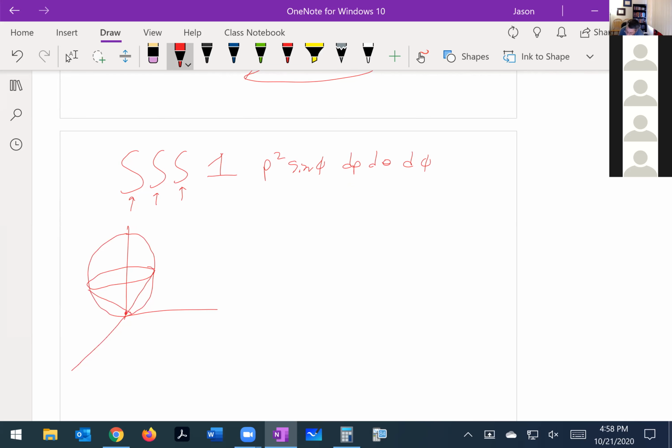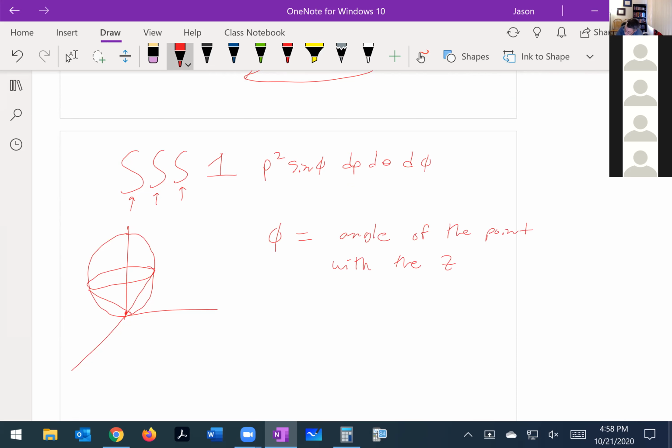What was the definition of phi? Phi is the angle of the point with the z-axis.